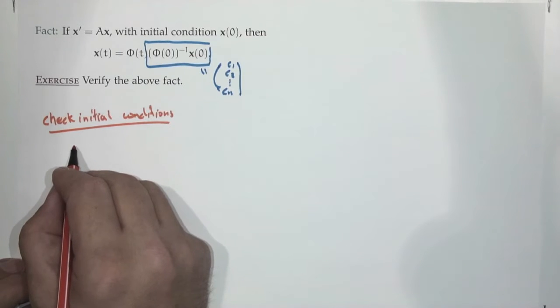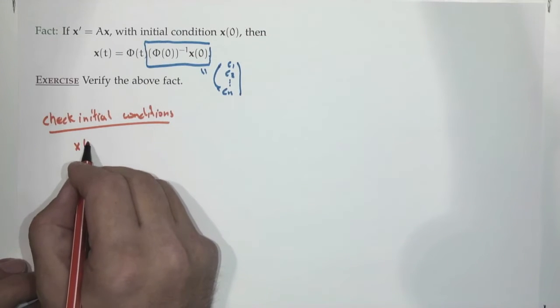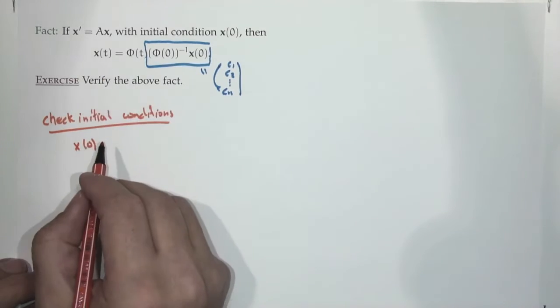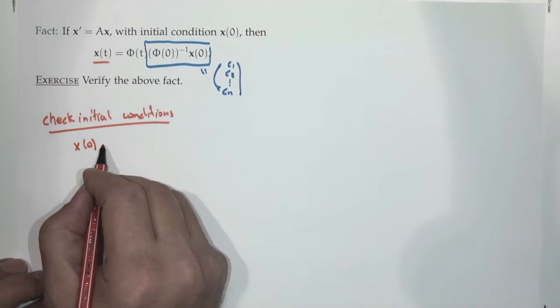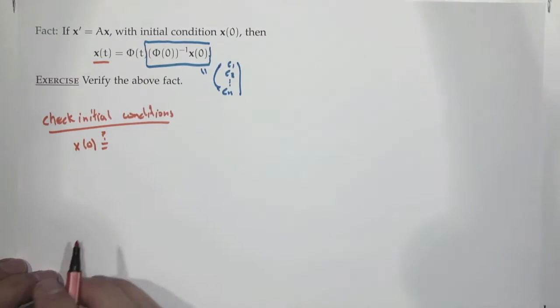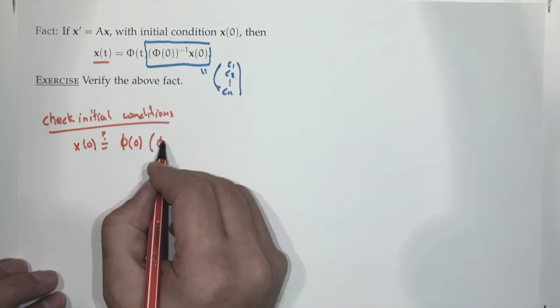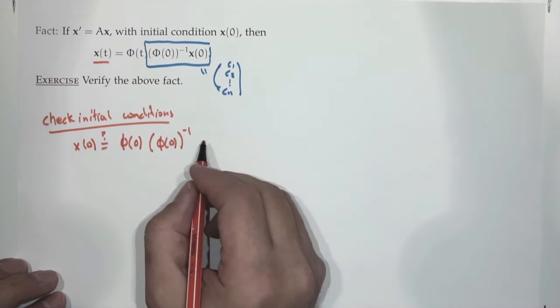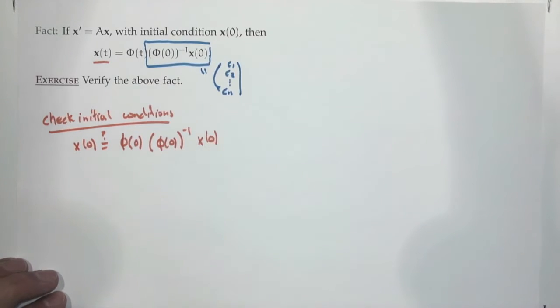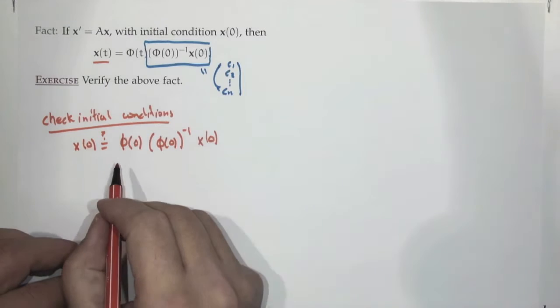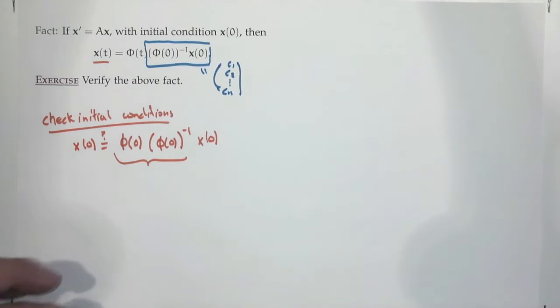Well, we say x of 0 here. Does this equal, that's our question, phi of 0, phi 0 inverse x of 0? Well, do you notice anything about that expression?